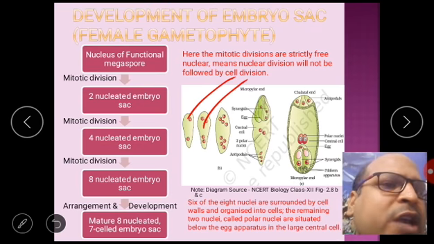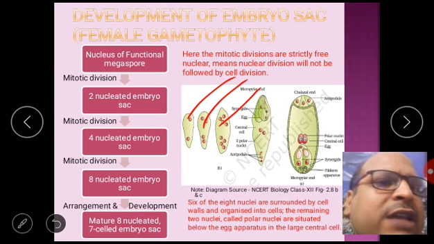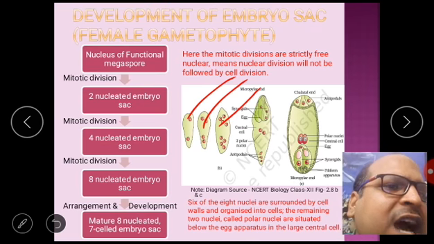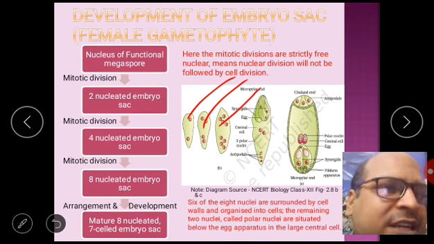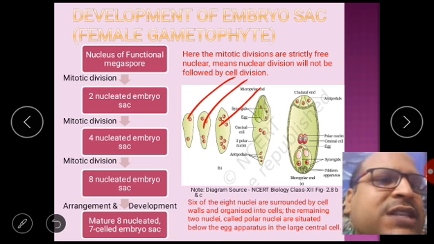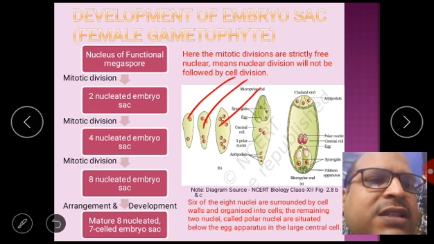So you see here, two nuclei are making four nuclei, and 4 to 8. So nuclei are dividing, but the cell is not dividing. This type of division is known as free nuclear division.